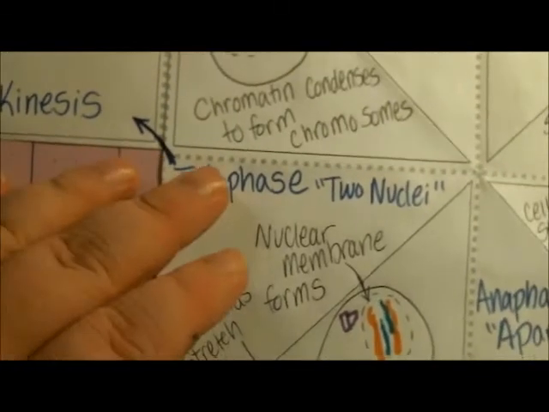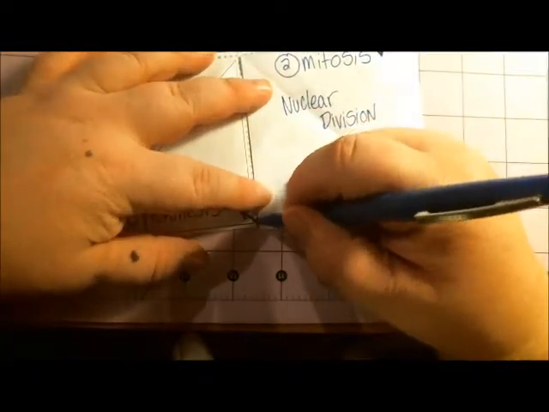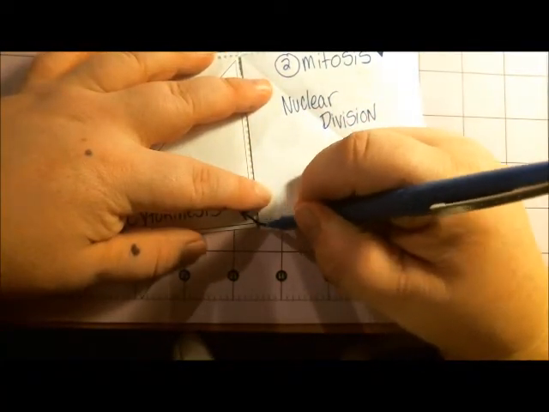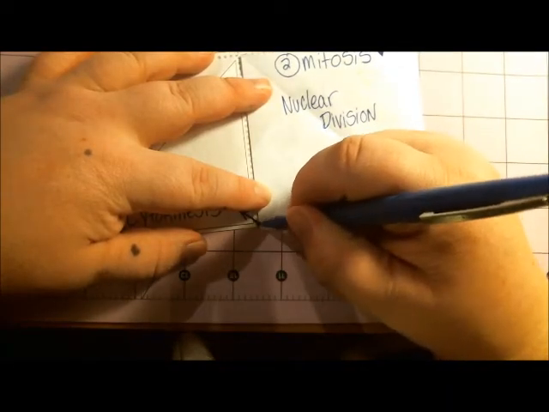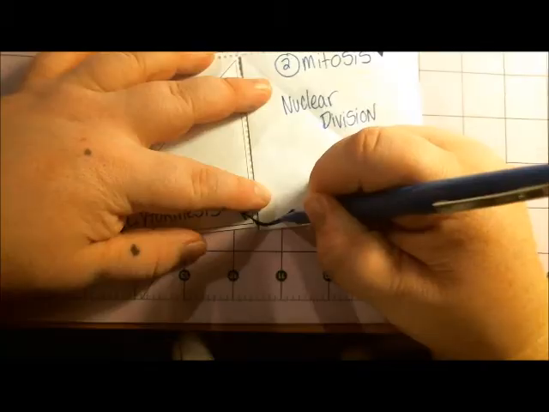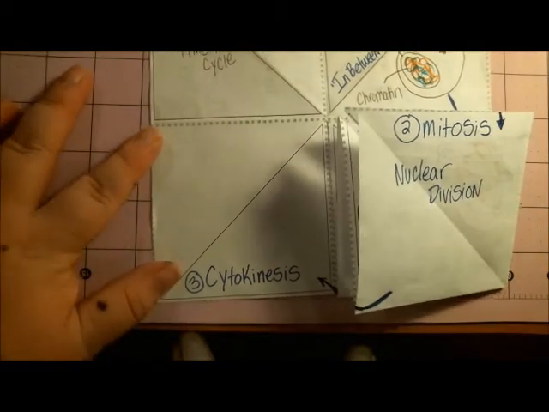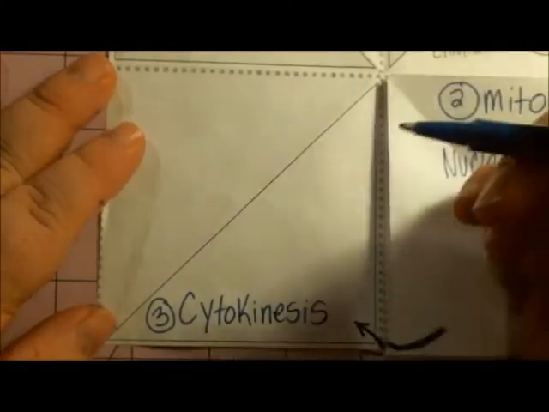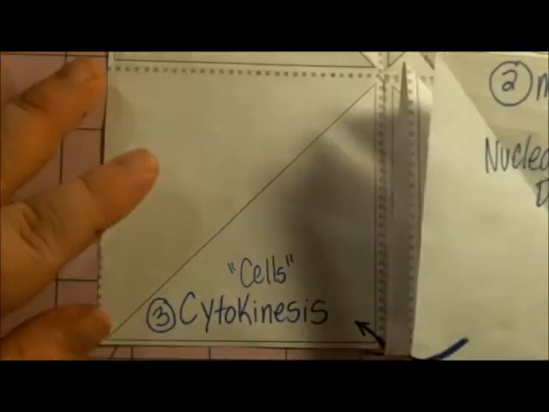So I'm going to close back up my mitosis. And see that arrow? And kind of extend it from the bottom here. Cytokinesis, my hint is cells, plural, because at the end we're going to have more cells.